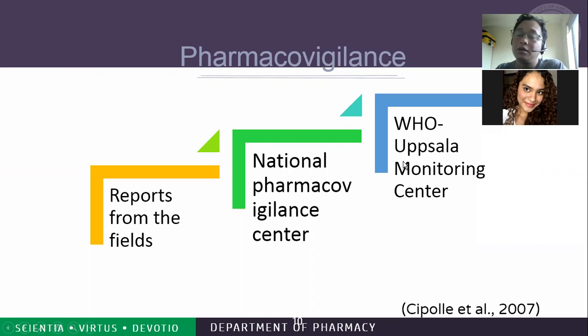So this is the global pharmacovigilance center that is existing right now. If you want to study pharmacovigilance, you need to go to Uppsala. Uppsala is in Sweden, if I'm not mistaken.